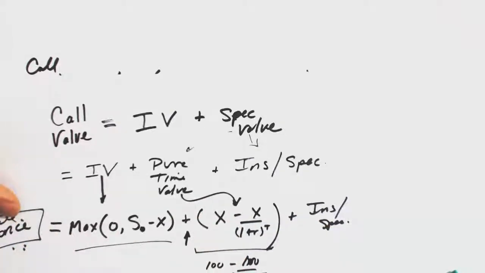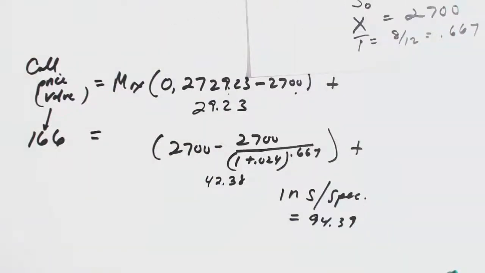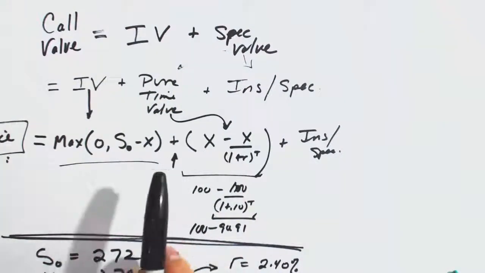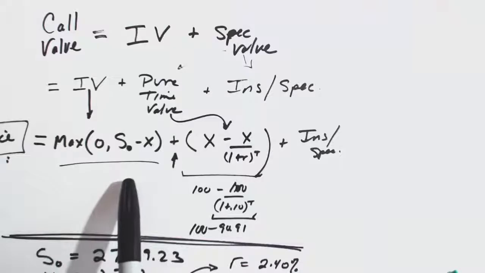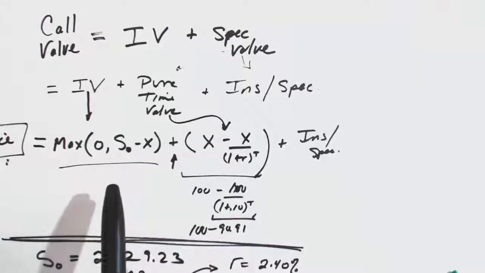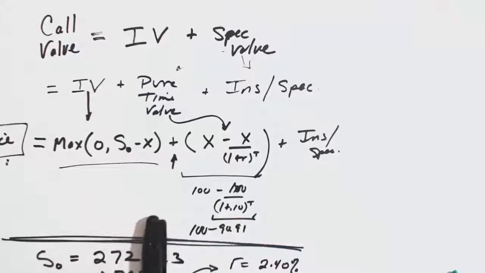Okay? So now, how does that relate to a dividend-paying stock? Well, keep this up here. If you have a dividend-paying stock, and it's an American option, and you're debating, should I exercise it? Think about it.